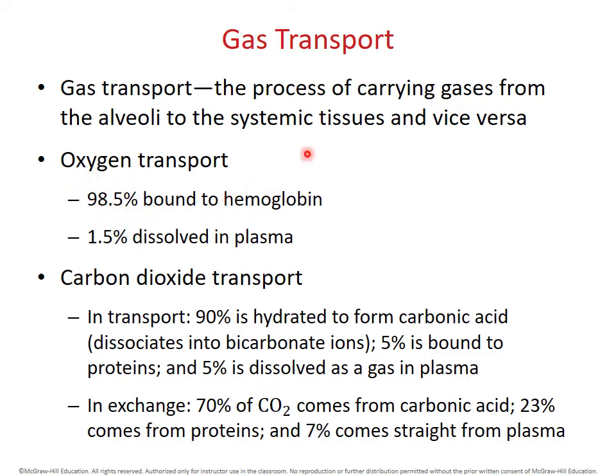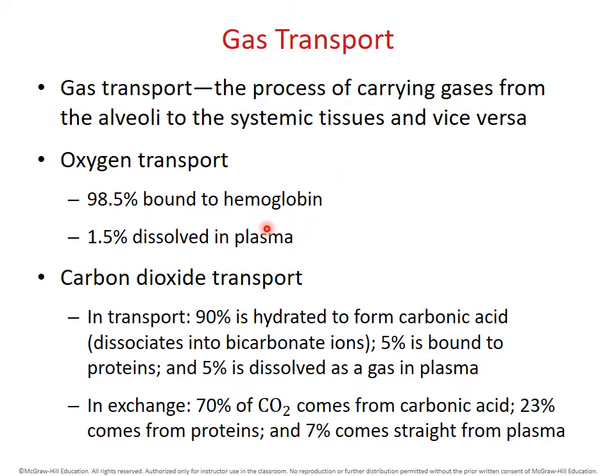So what happens is, in the alveolus, as the oxygen dissolves into solution according to its concentration gradient by diffusion, as it moves into the plasma, most of it almost immediately binds to hemoglobin inside the erythrocytes. Again, only about 1.5% remains dissolved in the plasma.